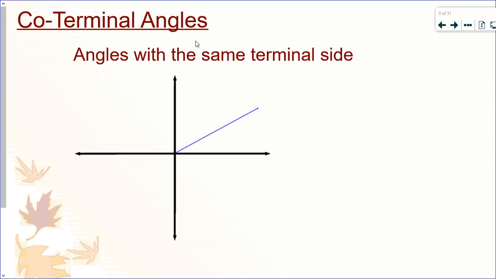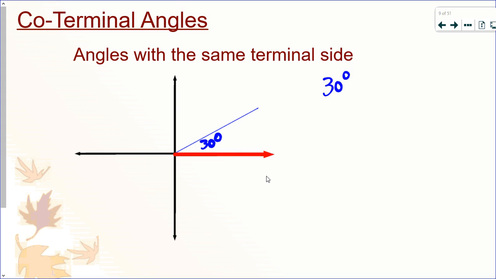So this is a definition. A coterminal angle is an angle with the same terminal side. So for example, this looks to be about 30 degrees. That would be the rotation from the initial ray, which is the positive x-axis, to here. So if I consider what angles are coterminal with 30 degrees, well, one thing I could do is I could rotate a full 360 and end up where I started.